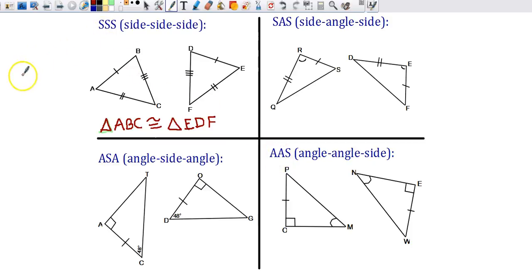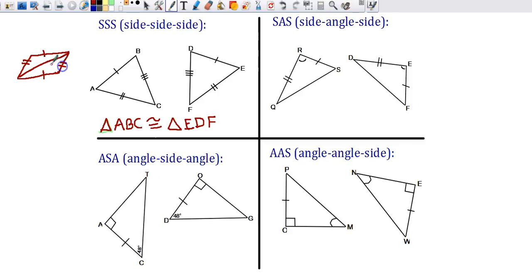A common way to show side is not necessarily going to be separate, but sometimes you'll see triangles that are sharing a side. For example, you might be given in this picture the fact that this segment is congruent to that segment, or that segment is congruent to that.